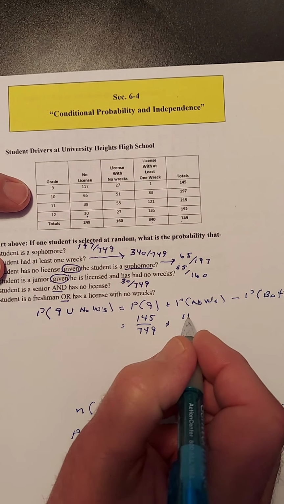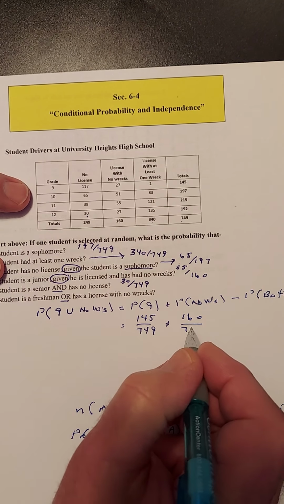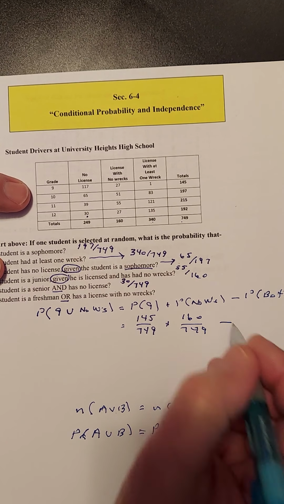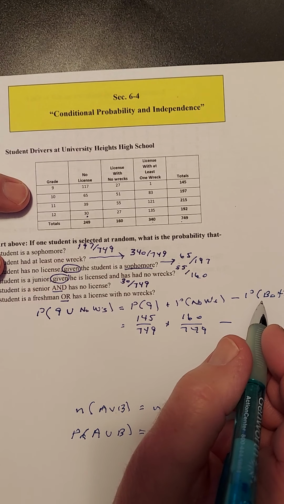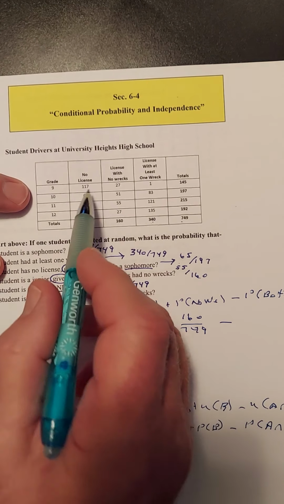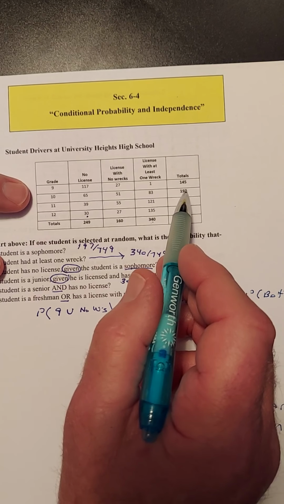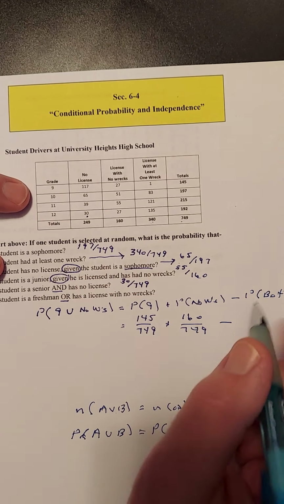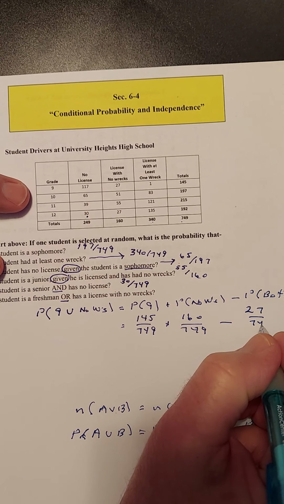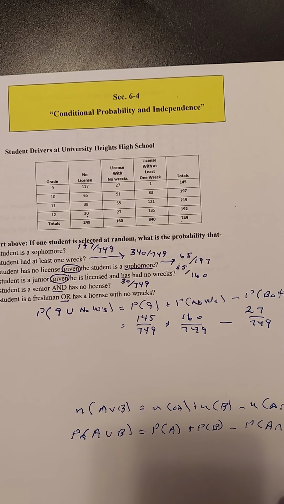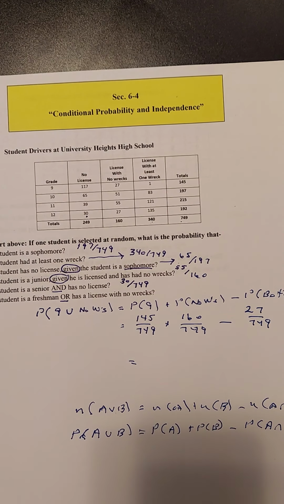So that's going to be 160 out of 749, minus, okay, now we want both. So that means they've got to be a freshman, which puts us in this line, and no recs, that would be this one here. That's 27 out of 749. So if we did that, we'll cheat and look up the answer here.